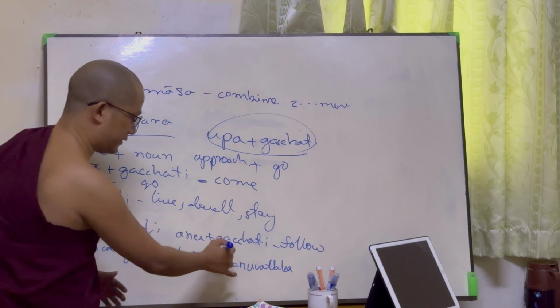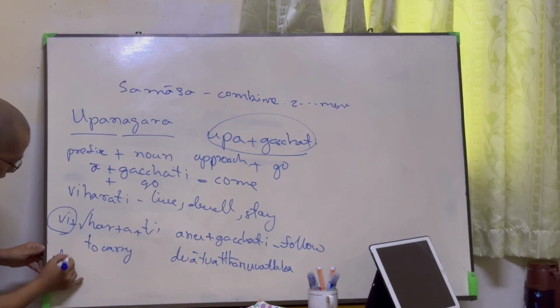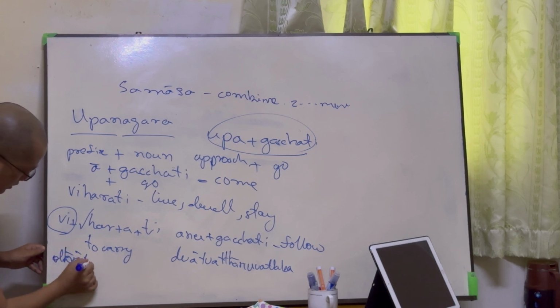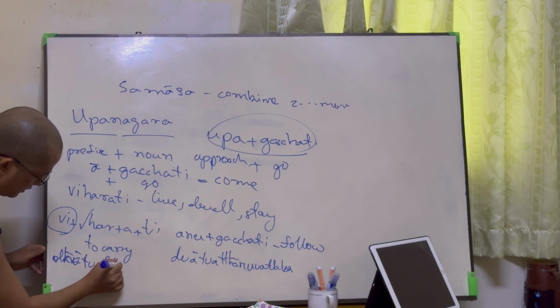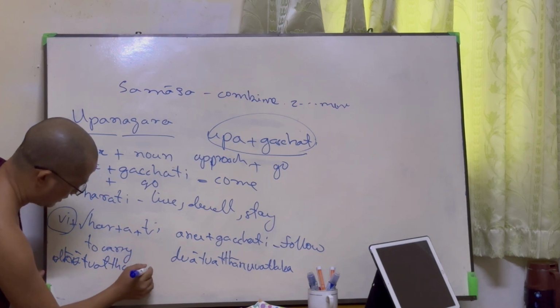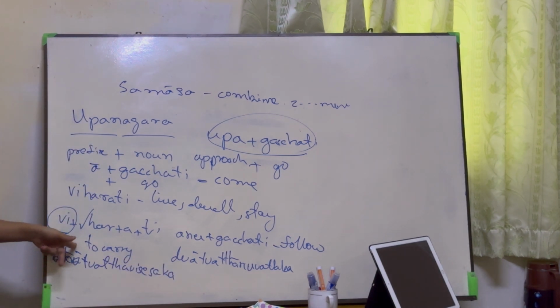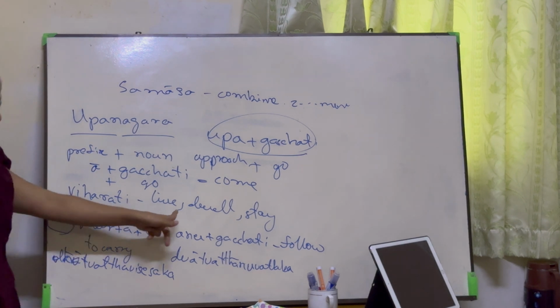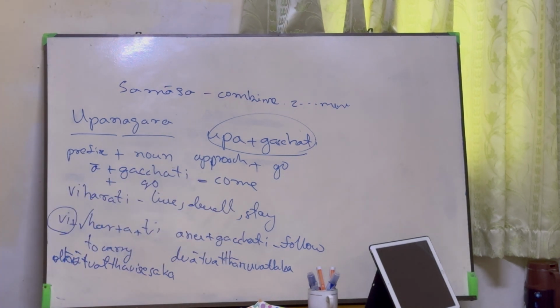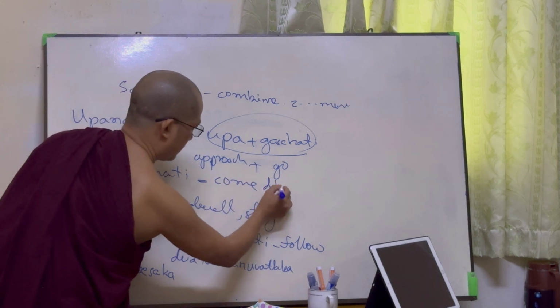Dhatuta Nuvataka. Here is the Dhatuta Saka. That means the root meaning changes to a special other one. Here carry changes to live, dwell, stay. Here is Dhatuta Bhadaka.